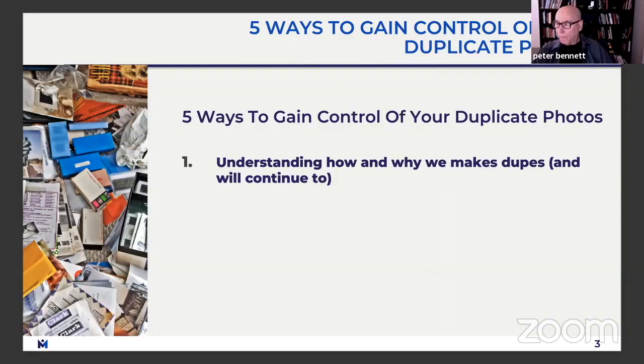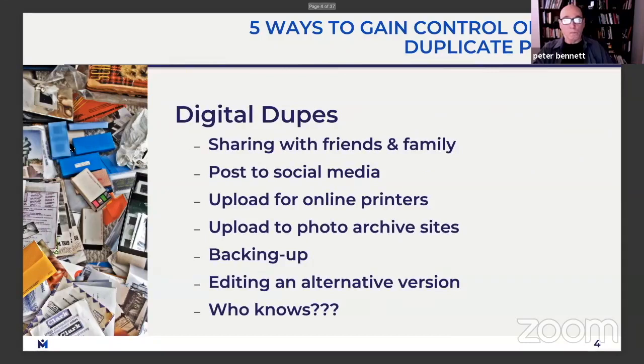So back in the film and print days, we sometimes ordered multiple copies of prints from the lab to give to families and friends, and that was about the extent of any duplicates that we really had to deal with. When photography went digital, well, all of a sudden we were making a lot of dupes. We did it to email to people, to share with friends and family, to post to social media, to upload to online printers.